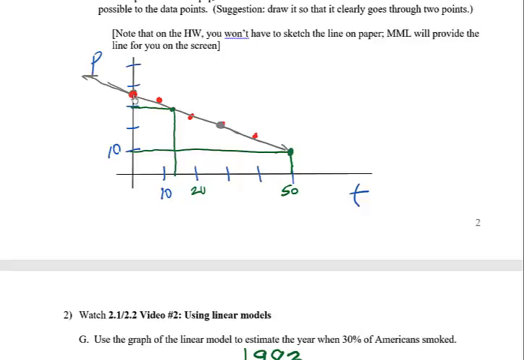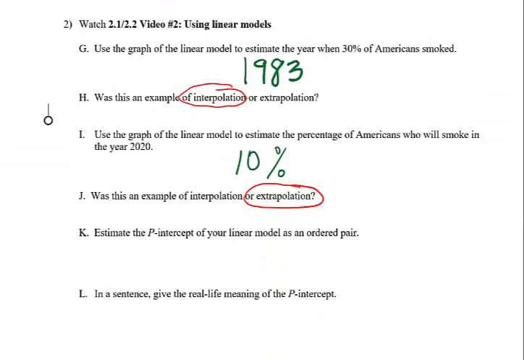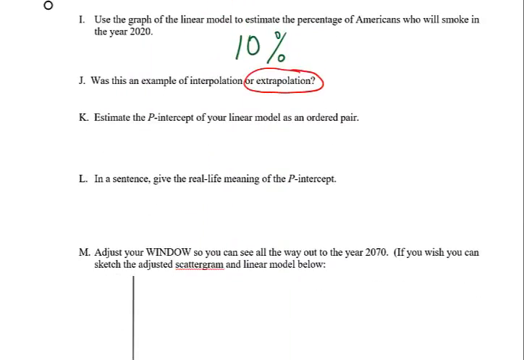That was (0, 37.4) from our original table. So going back down to part K, we're saying that the P-intercept of our linear model is the point (0, 37.4). It might have been something different if we had picked another couple of points.